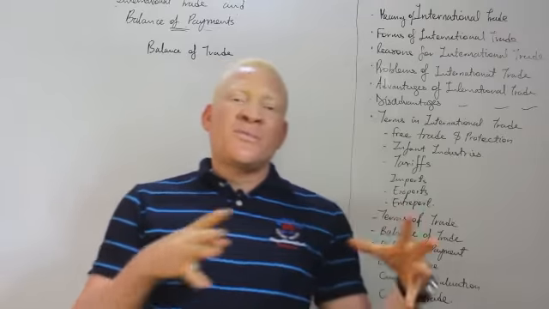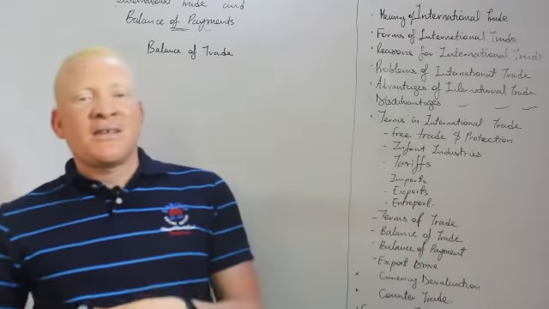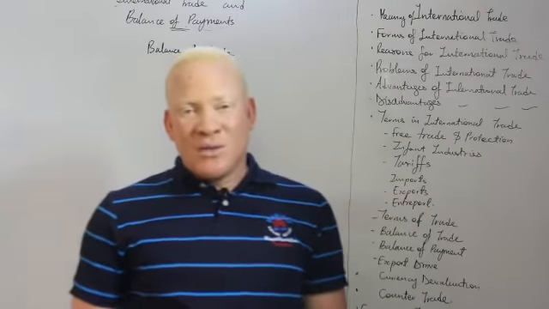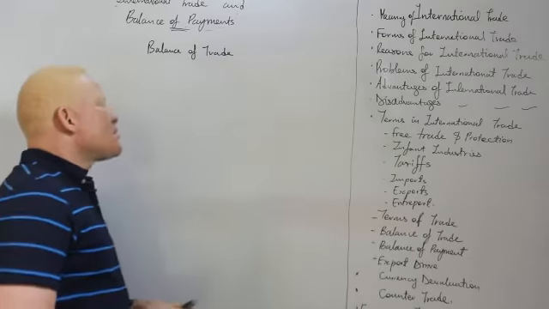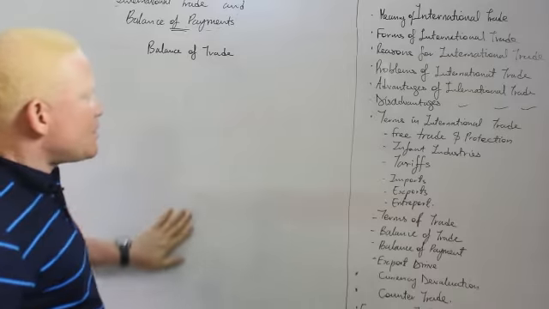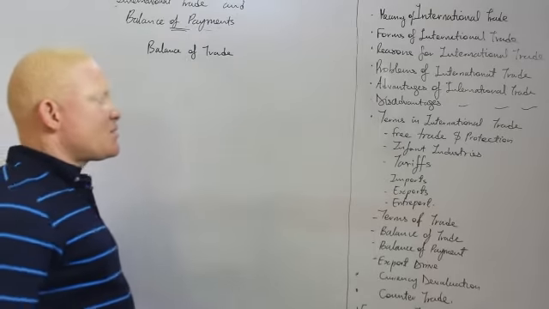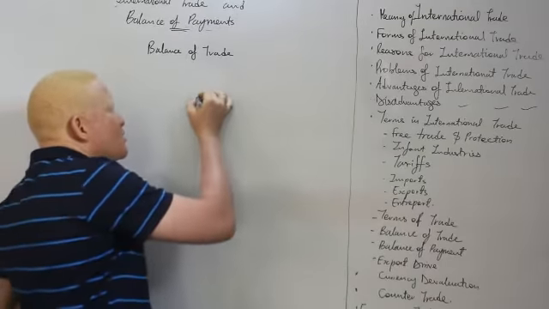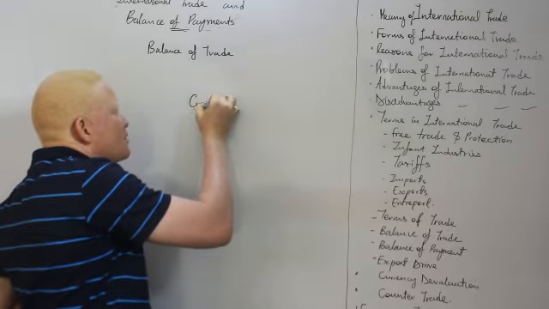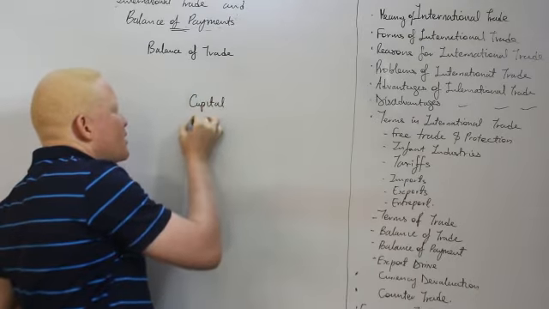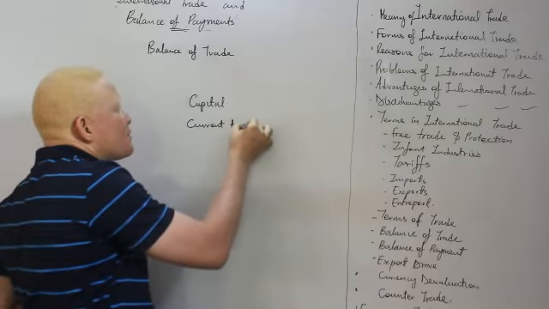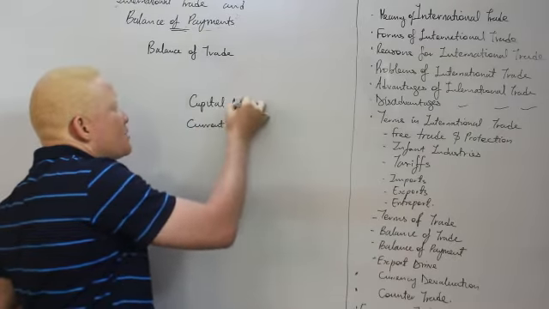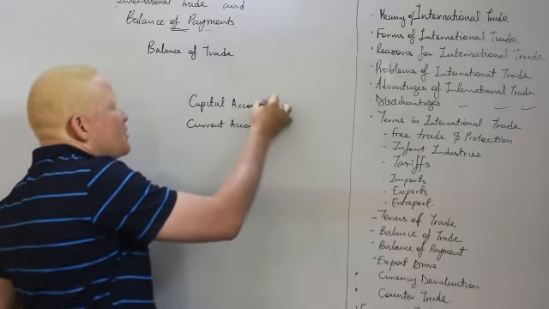So in other words, the balance of payment encompasses balance of trade. Now, balance of payment can be recorded in the national accounts in two accounts we call the capital and current accounts.